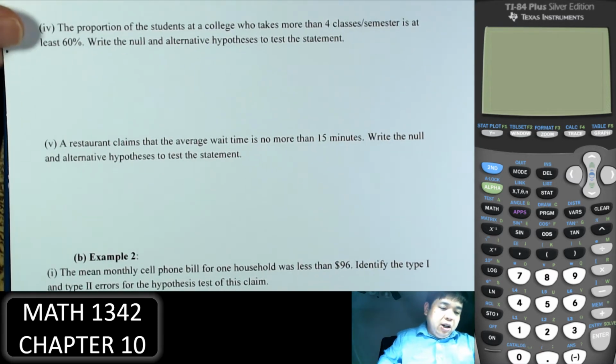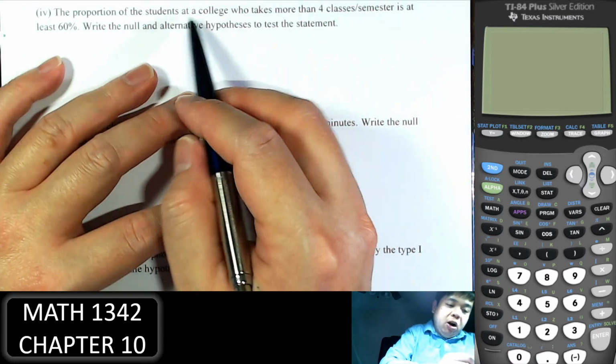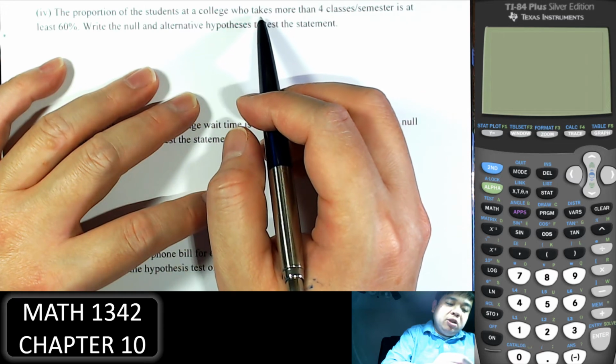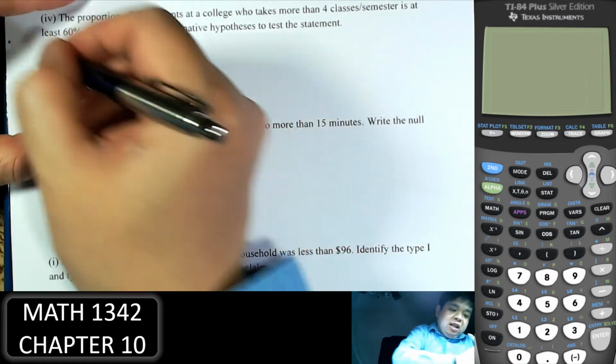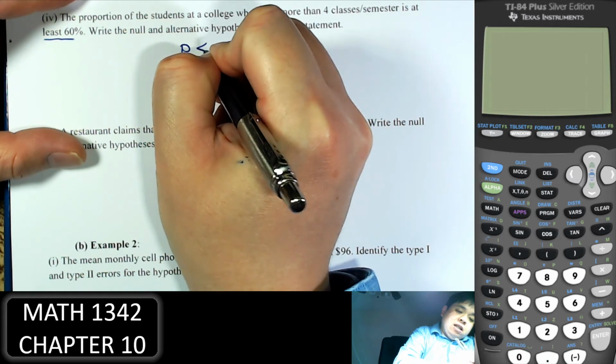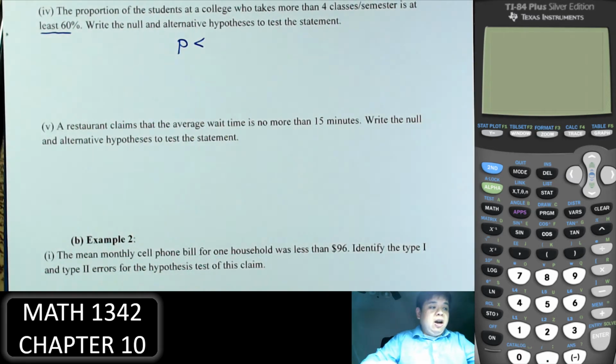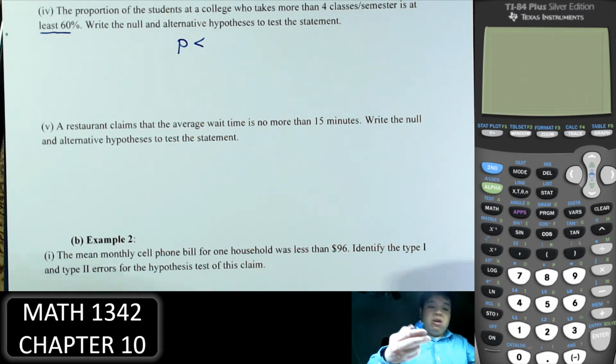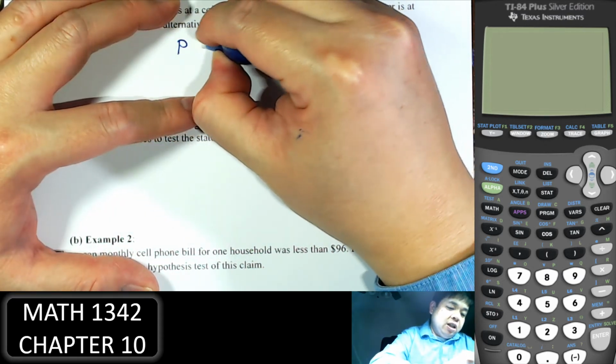Right, next, the proportion of students at college who take more than 4 classes per semester is at least 60%. So we say P is at least 60%, meaning that will be 60% or more, right? At least is greater than or equal to.